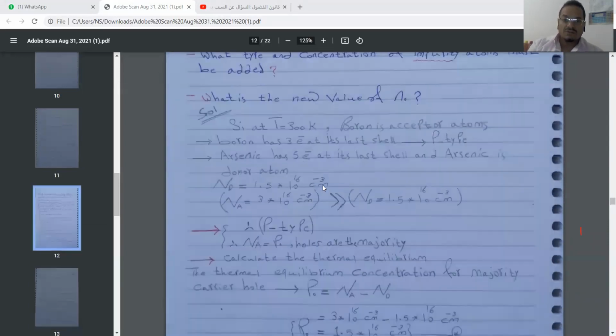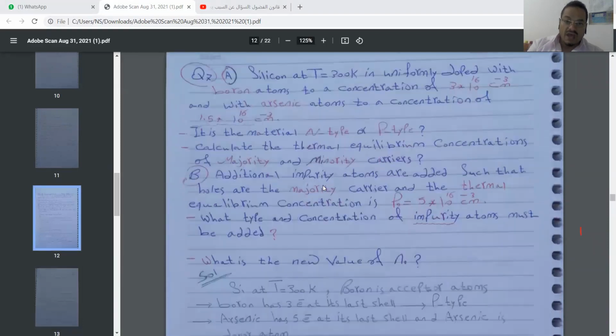Let's talk about part B requirement. Additional impurity atoms, that means we have a new element, are added such that holes are the majority carrier and the thermal equilibrium concentration is P naught. I have a simple mistake here, so let me use this, it will be appropriate.